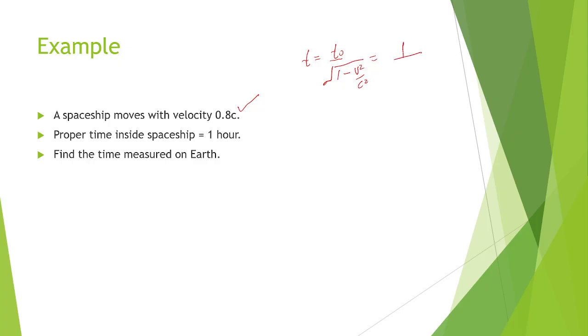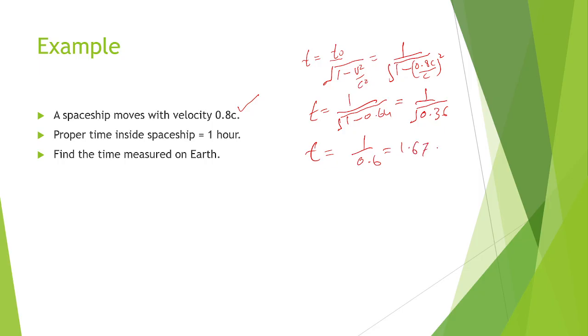The proper time is 1 hour, that is recorded inside the ship, but what we record for them is 1 over the square root of 1 minus (0.8c over c) whole squared. So t is equal to 1 over the square root of 1 minus, c squared will cancel, 0.64, and this is equal to 1 over the square root of 0.36, and this is t equal to 1 over 0.6, and this gives me 1.67 hours.